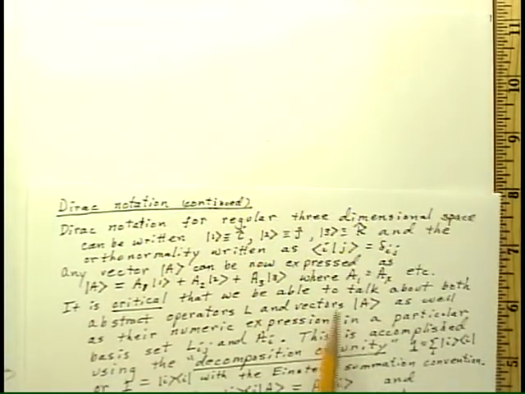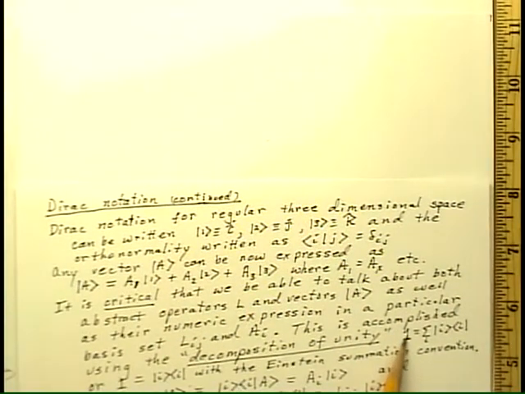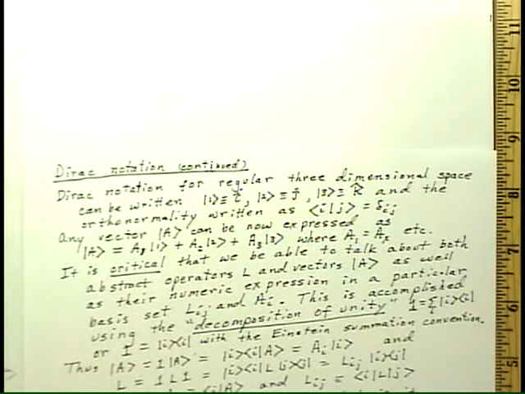The decomposition of unity is an expression of 1 decomposed by products of the form back-to-back ket and bra vectors, with an i in each one, where i is to be summed or integrated, and if it's a continuous range we'd put an integral here, over all of the range of the vectors that we have as a basis for the space. With the Einstein summation convention, we can even say 1 is equal to this.